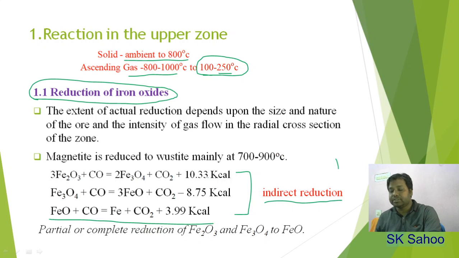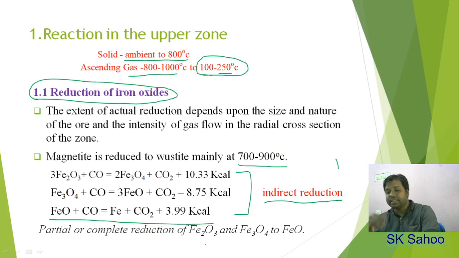So these are called indirect reductions. Generally, magnetite is reduced to austenite mainly in the temperature zone of 700 to 900 degrees centigrade. So it may be taking place at the bottom of the upper zone, but FeO reduction is not completed in this upper zone of a blast furnace.